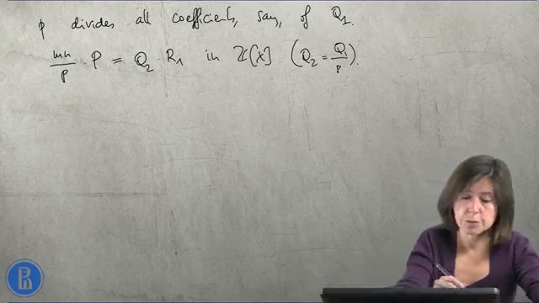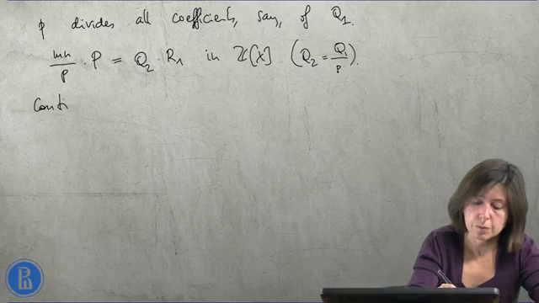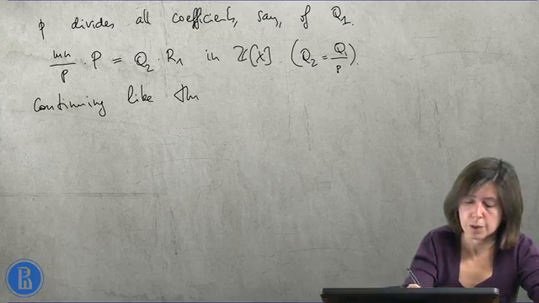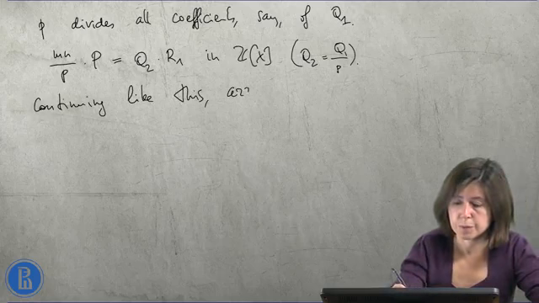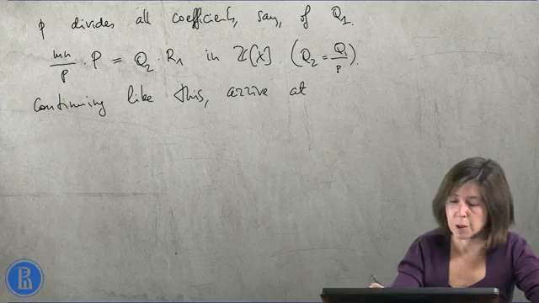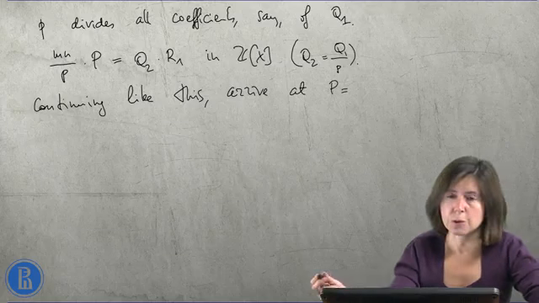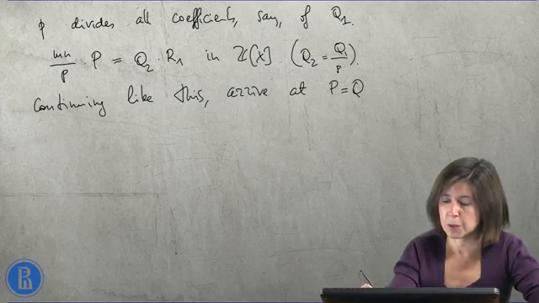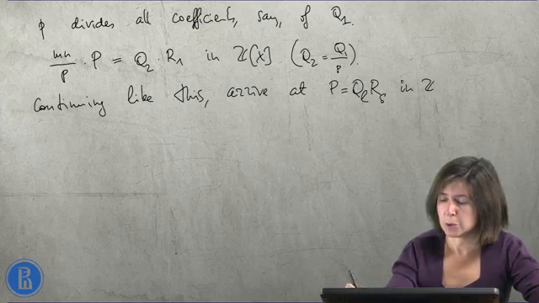Continuing in this way, we arrive at P is equal to, I don't know, Q L R S in Z[X].